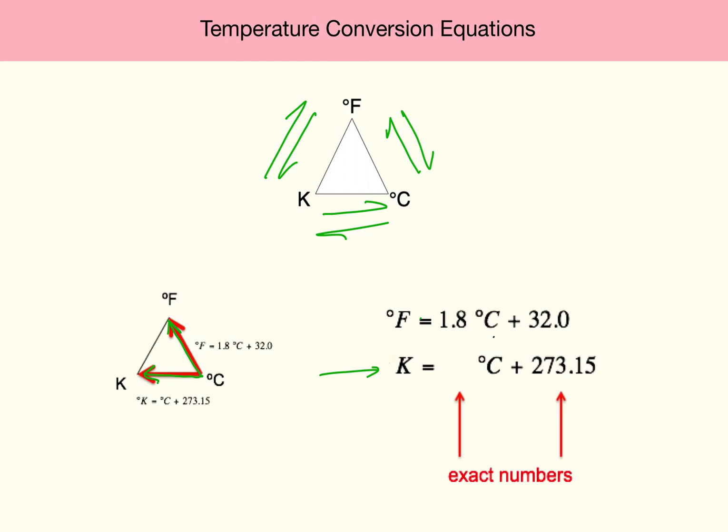Now, why I only need to memorize 2 is that I'm fairly adept at doing algebra for simple equations. So let's say I needed to convert from Kelvin to Fahrenheit. How I would do it is just use this equation, and since you see it running backward here, I would have to do some algebra on that equation. And then I would go from Celsius to Fahrenheit.